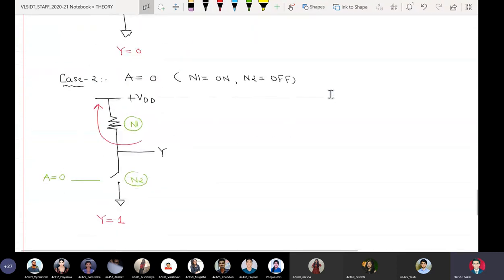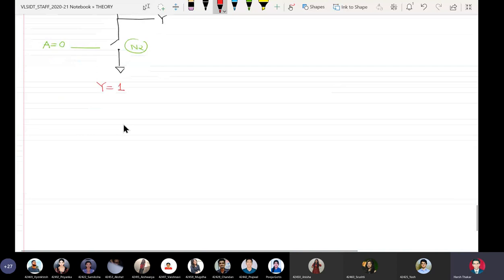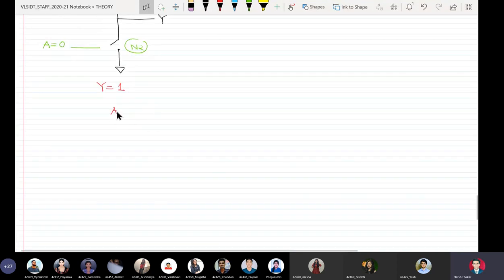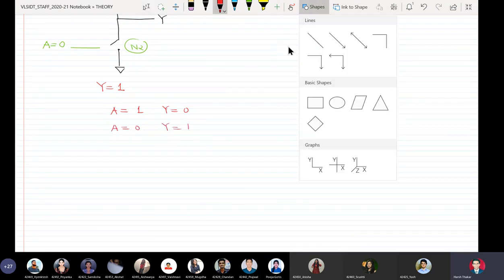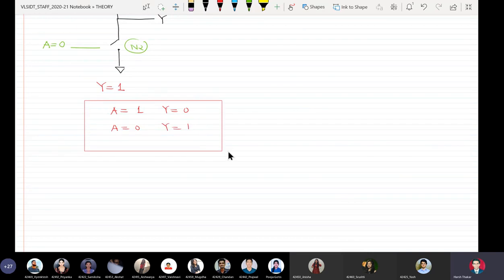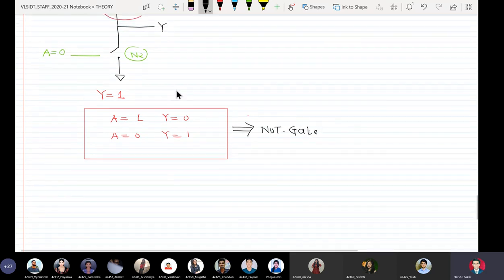So we conclude that A equal to 1, Y equal to 0; A equal to 0, Y equal to 1. So this is nothing but the functionality of a NOT gate. But there is a problem here.